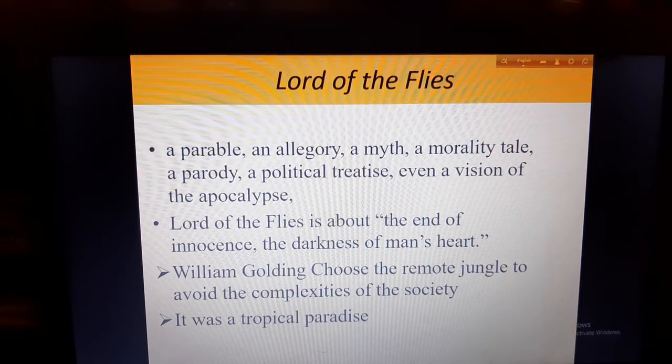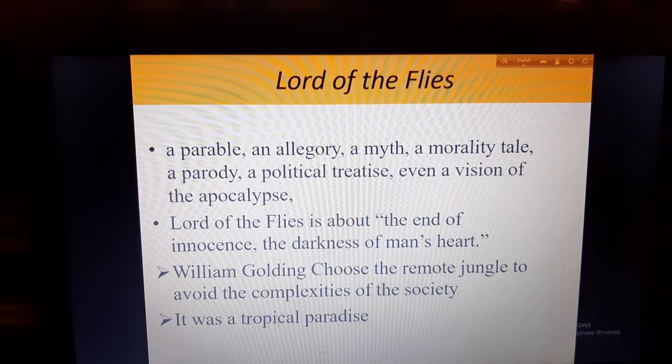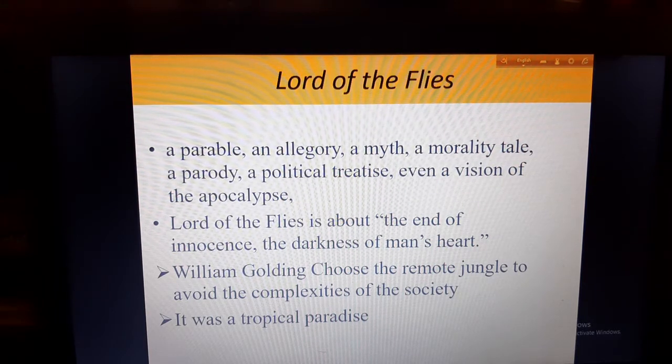It is like Paradise Lost, in which the innocent people lost their innocence and have to stay in a dark land, that is hell.